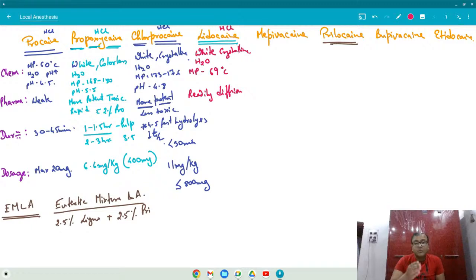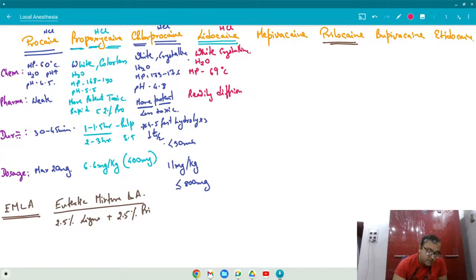So this can actually go through the lipid. And normally what do we do when we do anesthesia? Mainly we perform nerve block. When you perform nerve block, your anesthetic must diffuse through the nerve membrane. So that's what we see, that there is a ready diffusion which is taking place.